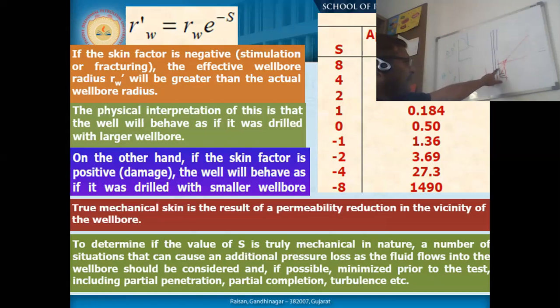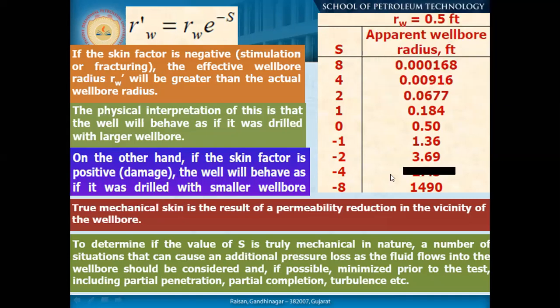If you follow this line, the more pressure you will be getting here, isn't it? So that's why it appears my wellbore radius has been expanded. The physical interpretation of this is that the well will behave as if it was drilled with a larger wellbore radius. On the other hand, if the skin factor is positive, the well will behave as if it was drilled with a smaller wellbore radius.